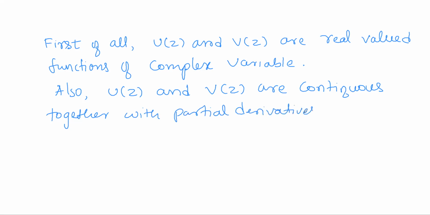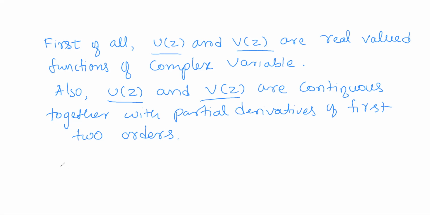That is, u and v are continuous, and their first and second order partial derivatives exist and they are also continuous.